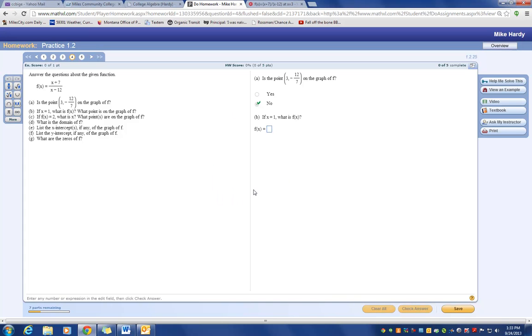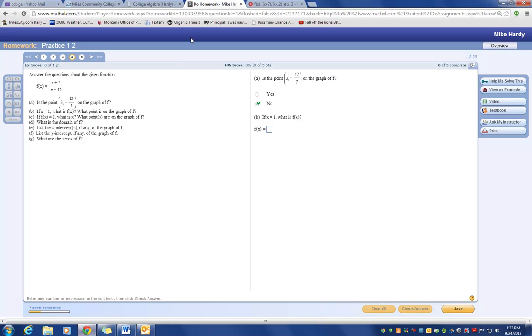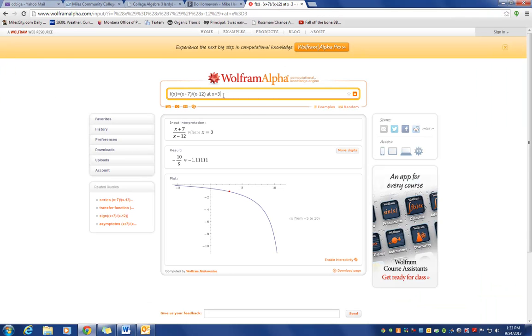Nice work. All right, what point is on the graph of f? Okay, so let's find out for x equals 1, doing the same thing I did previously. So I'm going to try this at x equals 1.